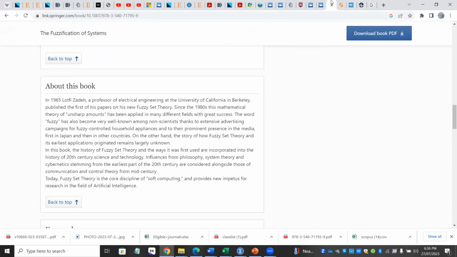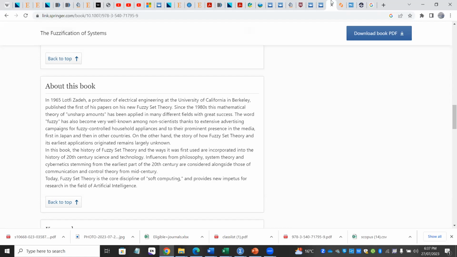So in 1965, Lotfi Zadeh, professor of electrical engineering at the University of California, Berkeley, published the first of his papers on the new fuzzy set theory. Since the 1980s, this mathematical theory of unsharp amounts has been applied in many different fields with great success. The word fuzzy has also become well known even among non-scientists, thanks to advertising campaigns for fuzzy controlled household appliances, as I said.